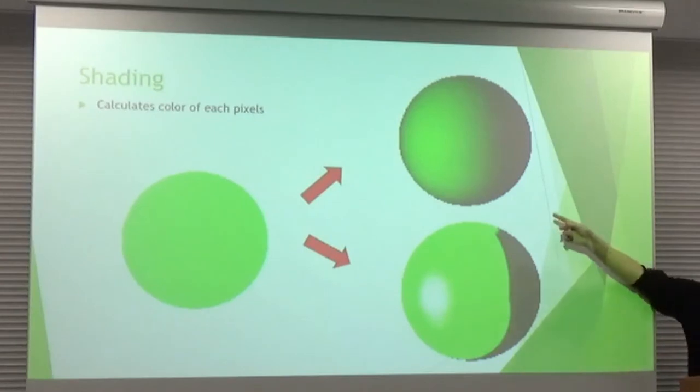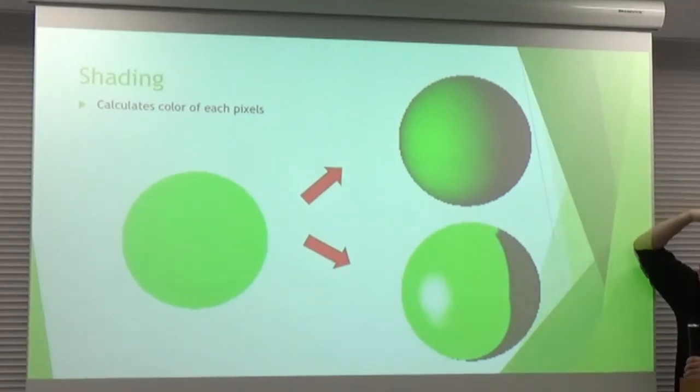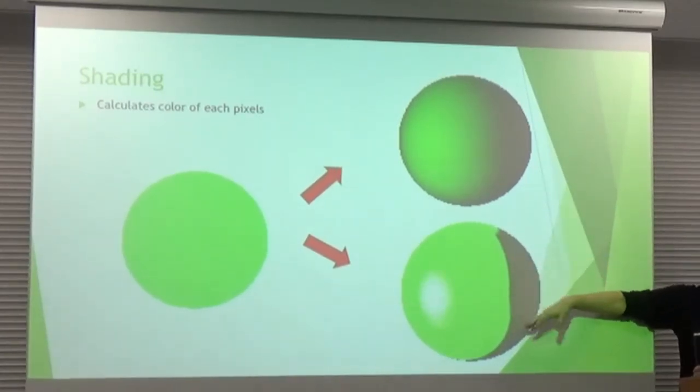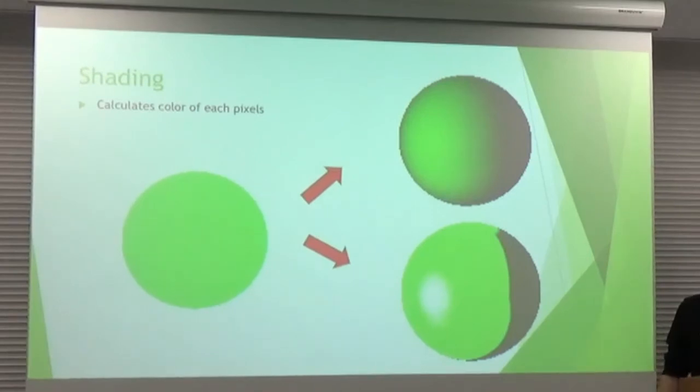For example, this upper side is realistic, but the lower side is cell shading.